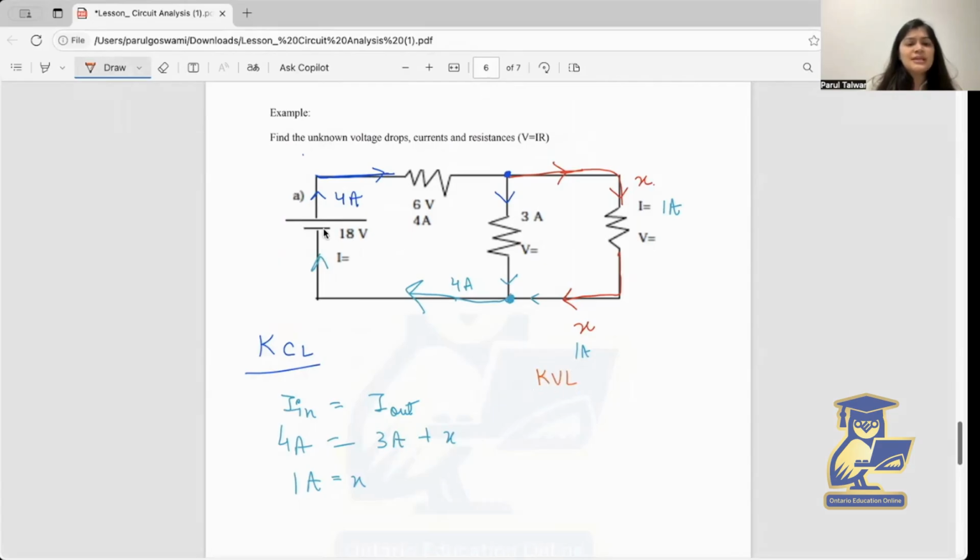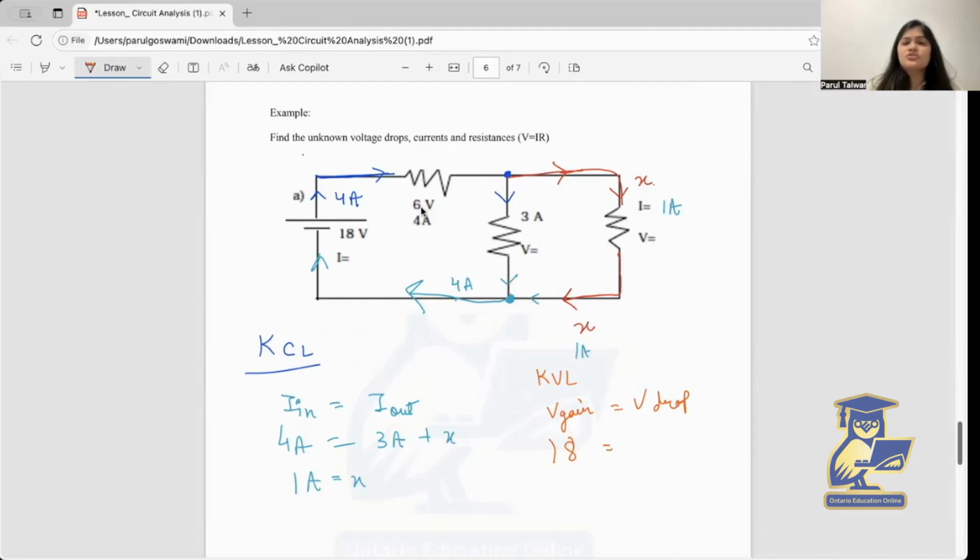As you can see, there's 18-volt gain across the battery. Now the drop across this first resistor is 6 volt, and we know that as per KVL, voltage gain should be equal to voltage drop. What's the voltage gain across this battery? It is 18 volt. So the voltage drop would be across the 6 volt and across this second resistor.